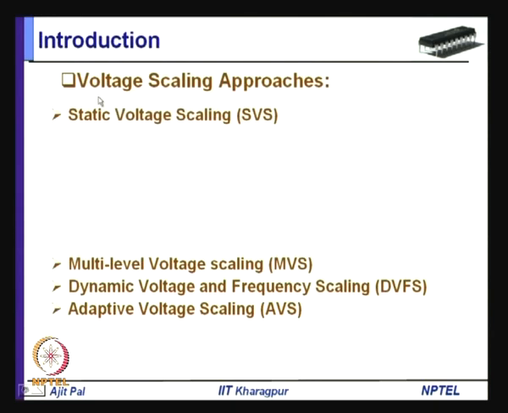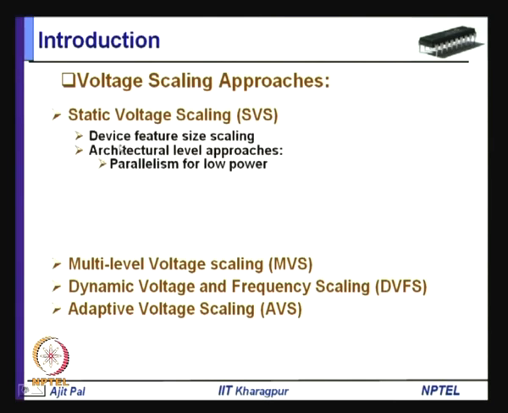As I mentioned, we have discussed voltage scaling approaches, and as you know, there are 4 different categories. You can categorize them into 4 different types: static voltage scaling, multi-level voltage scaling, dynamic voltage and frequency scaling, and adaptive voltage scaling.